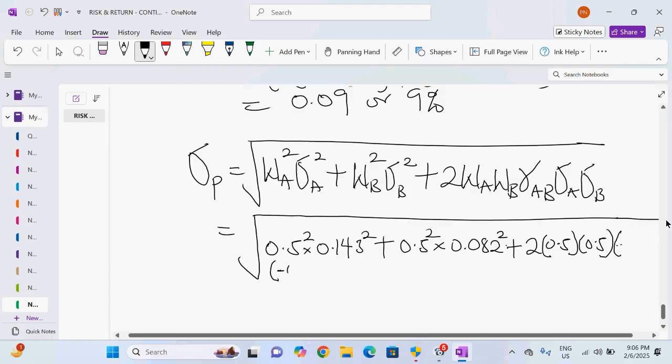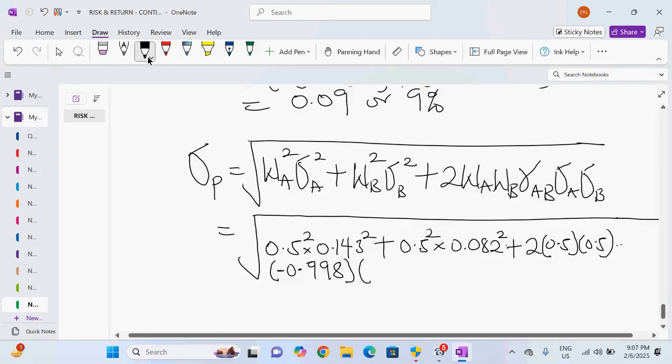Is it 2 decimal places? Negative 0.98. Should I bring the 8 like this? It's 998.